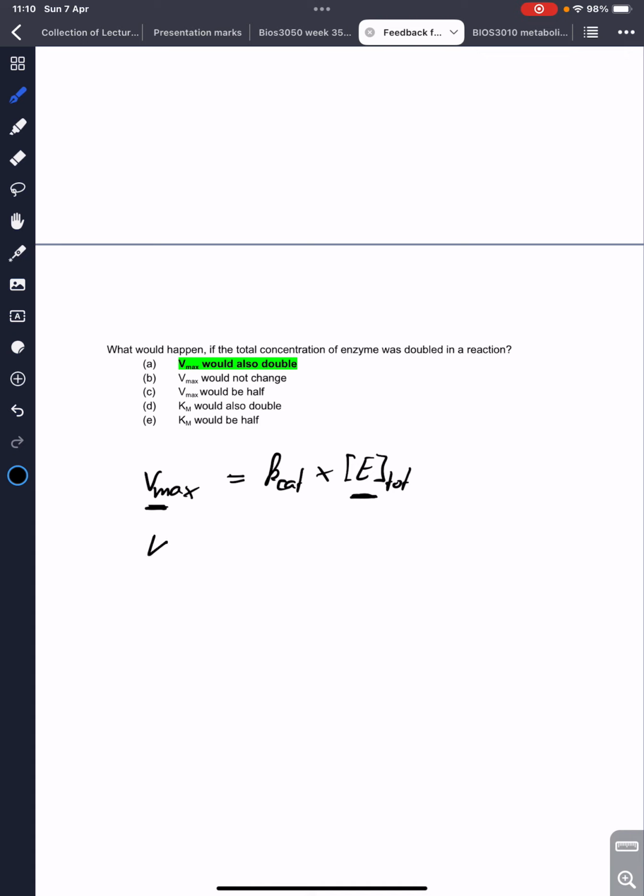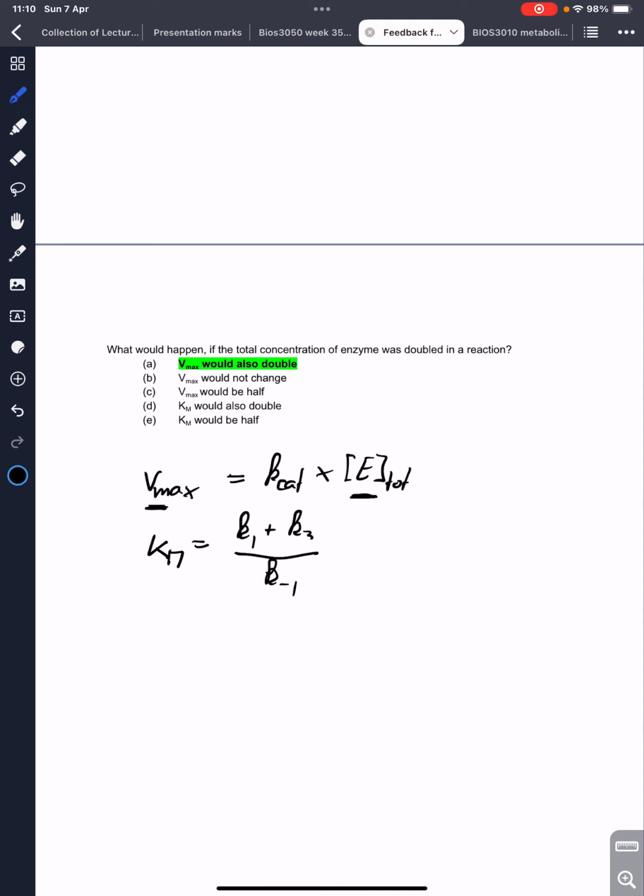If we look at, for example, Km, however, Km is just simply the combination of three rate constants. So it is the combination of the forward reaction, so k1 plus k3 divided by k minus 1.